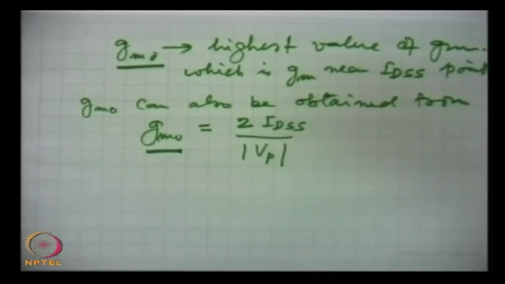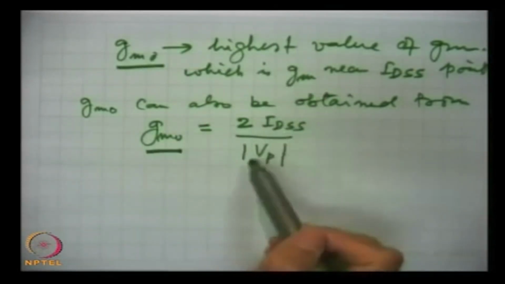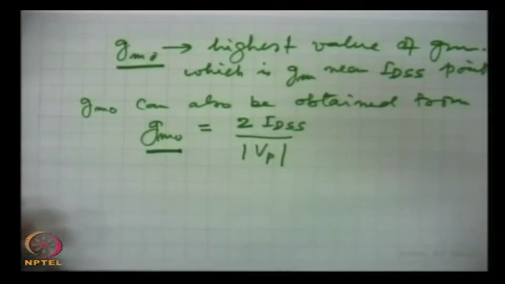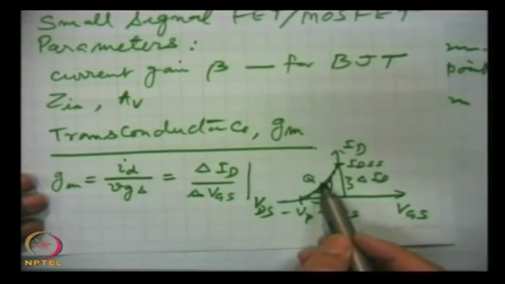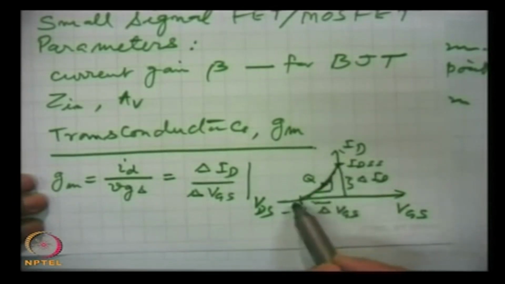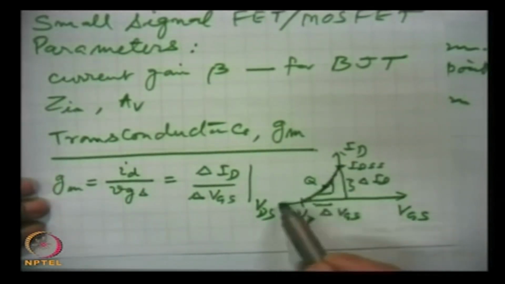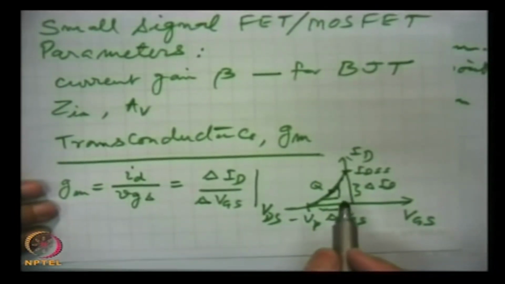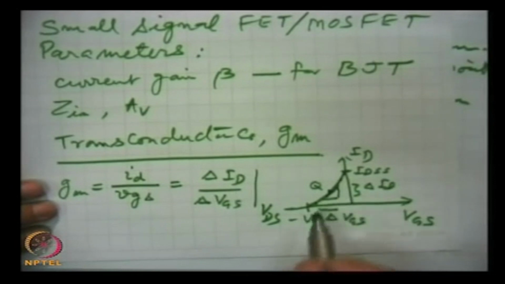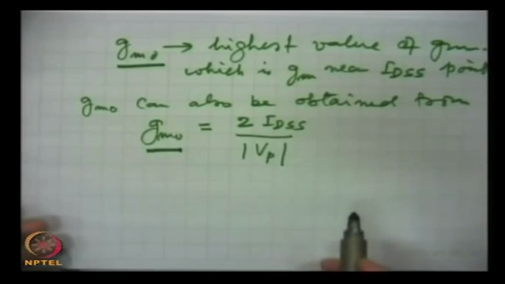Now, once GMO is known either from that graph directly or by using these two parameters, then we require the transconductance value at the operating point. And as I said, because the slope is changing, GM is changing quite a bit along the transconductance curve. So, for accurate analysis, at the Q point the value of GM, the transconductance, is required.